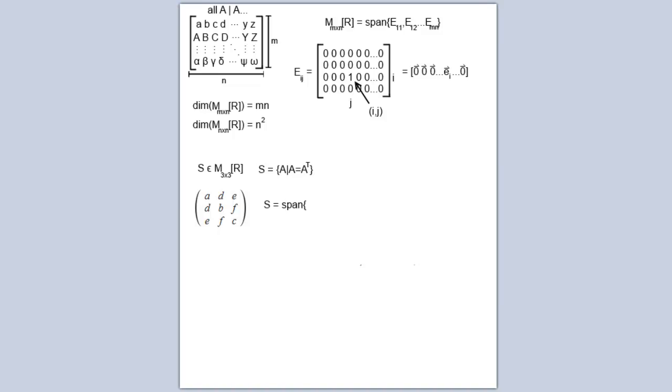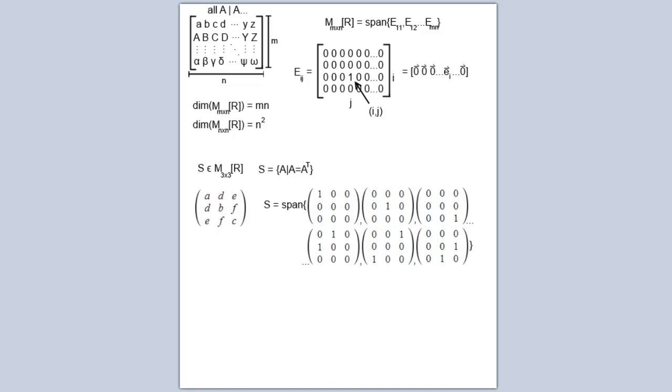This gives us that the first three base matrices are just E11, E22, E33. And these are going to work similar to vectors in the sense of their linear independence. The rest of these entries then are defined by being equal to their mirror. So we get the other three matrices like this, and I'm not going to read all those out. So now we have 6 matrices that are all independent, and they give us a basis for symmetric matrices. Therefore, we say that the dimension of the symmetric subspace of M 3 by 3 is 6.